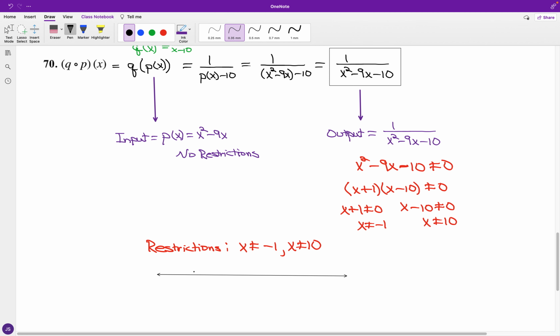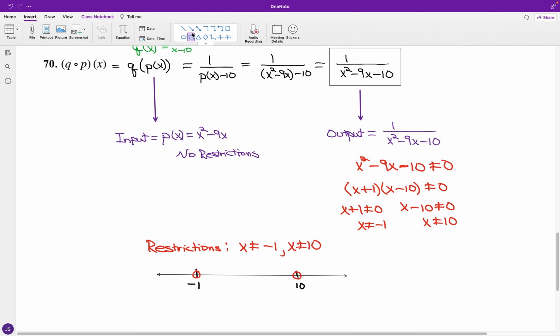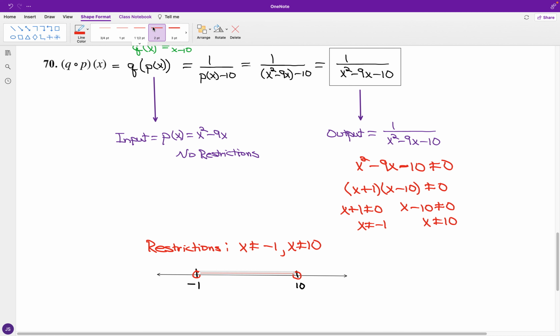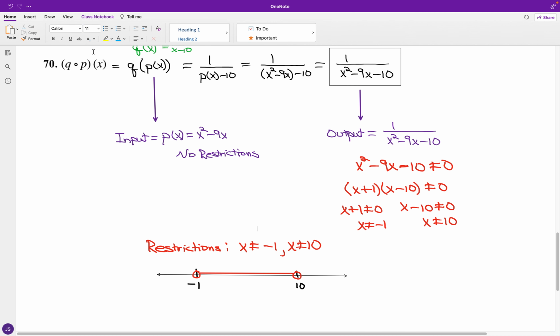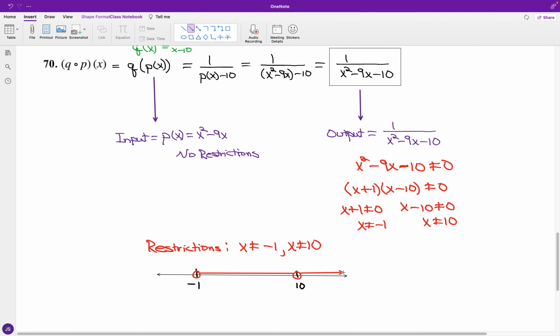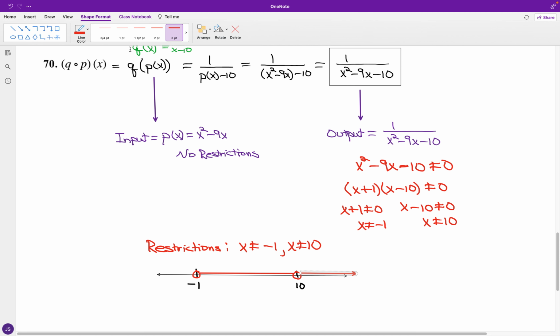So you have two specified values left out, -1 and 10. From the graphing perspective, you would have circles or parentheses to symbolize the void at -1 and 10. Everything else will be in the domain.